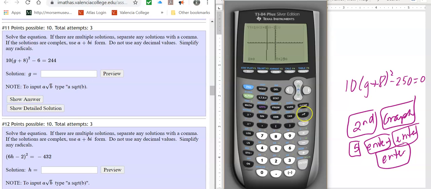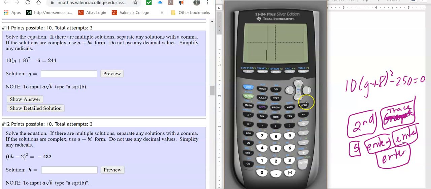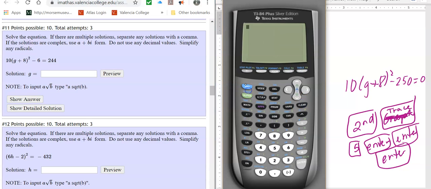Oh, I gave you the wrong, sorry. Second trace. Sorry. Here we go. Let's try that again. Second trace. Second trace 5. And then you're going to hit enter, enter, enter.